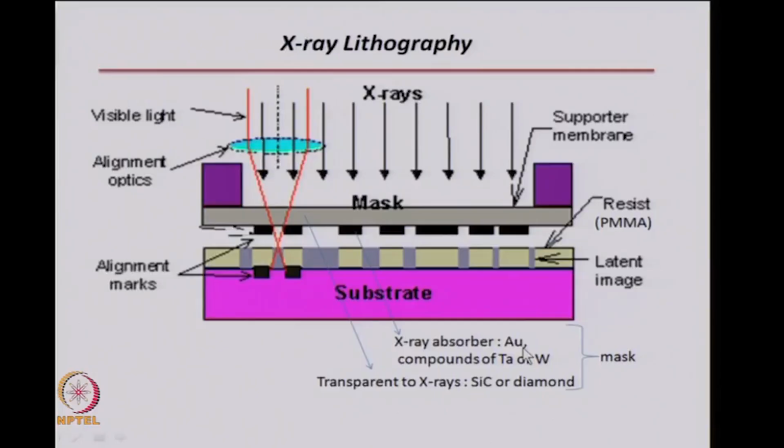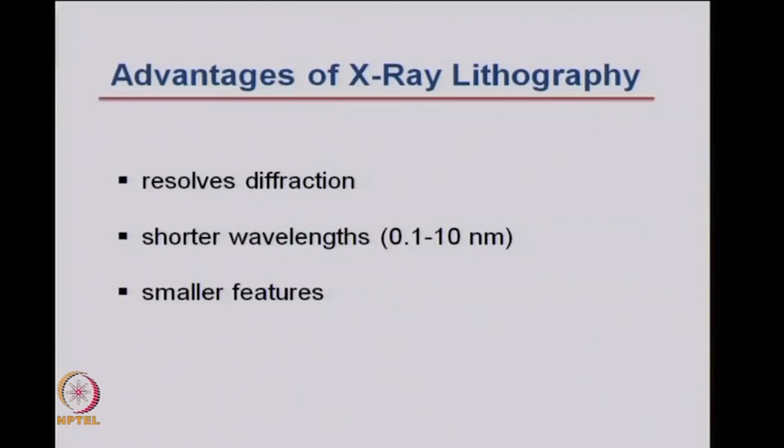So, this is the X-ray lithographic technique, and with this technique you can make very fine features, because the wavelength of X-rays is very small. It is 0.1 to 0.2 nanometers, and it resolves the diffraction problems of normal UV radiation.